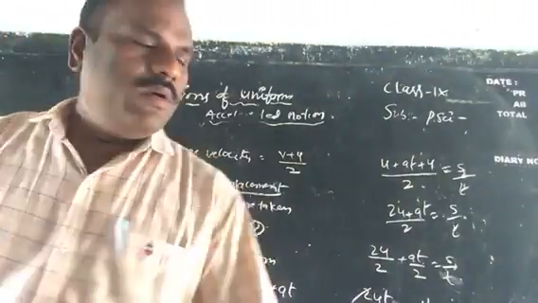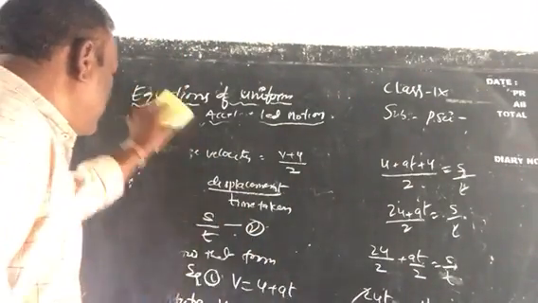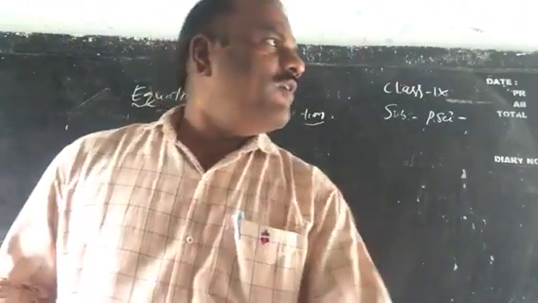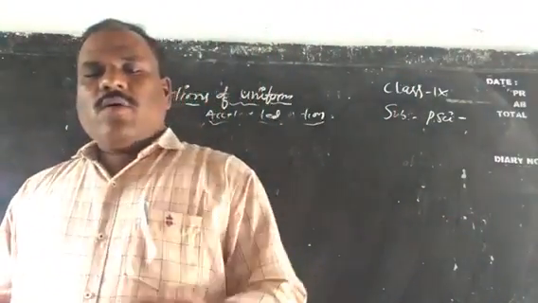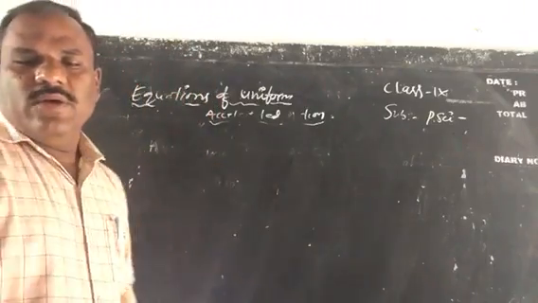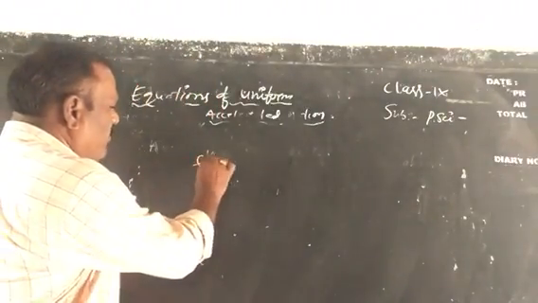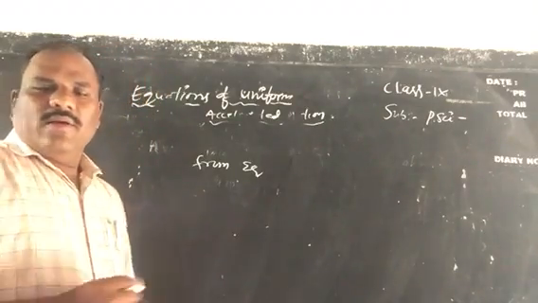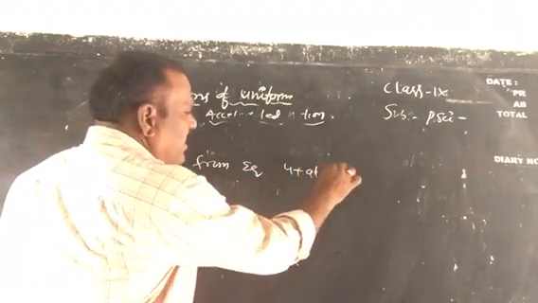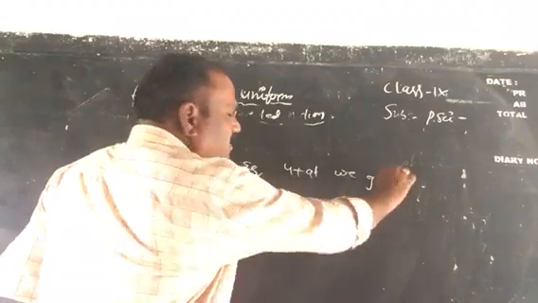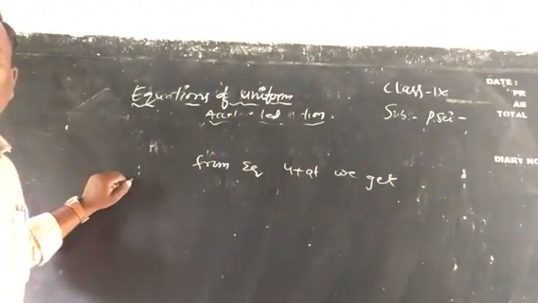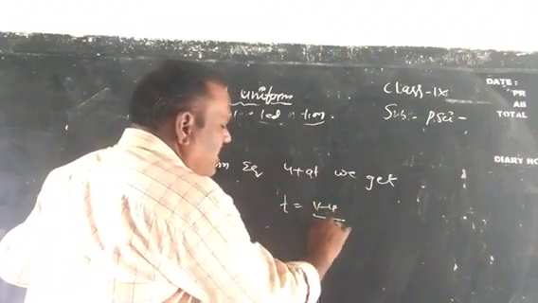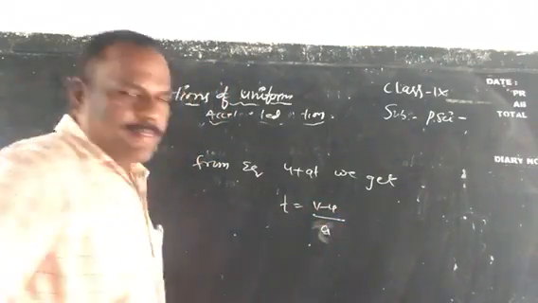Now the third equation. From the equation v is equal to u plus at, we get t equal to v minus u by a.